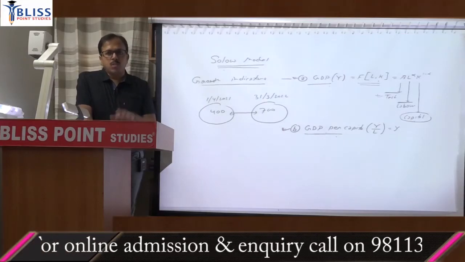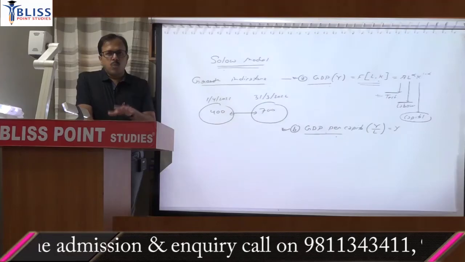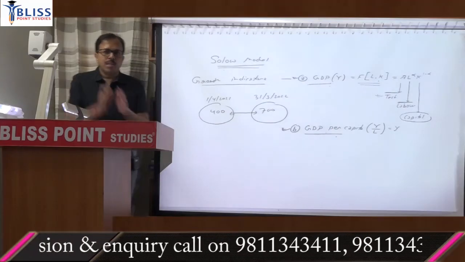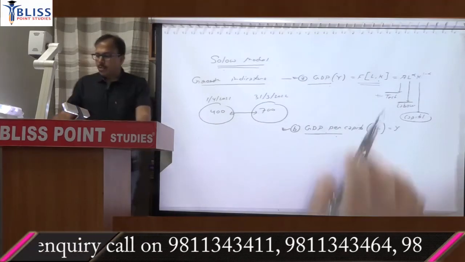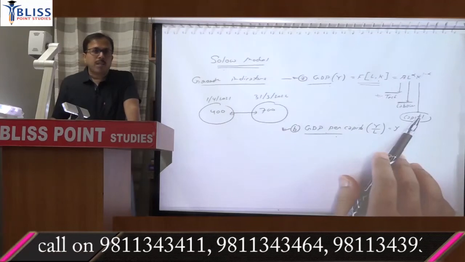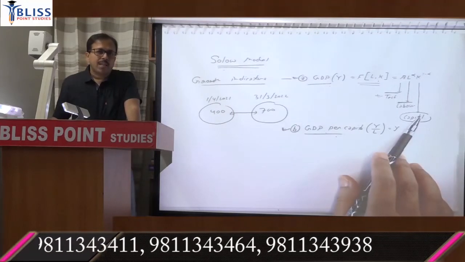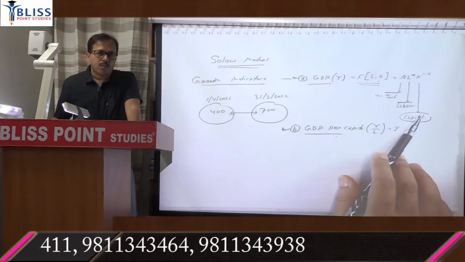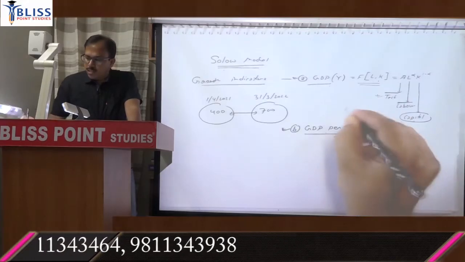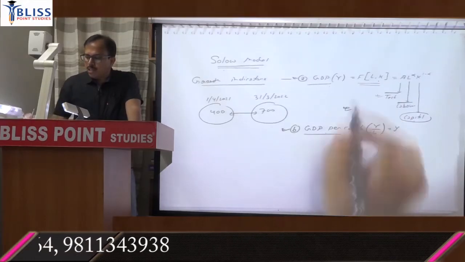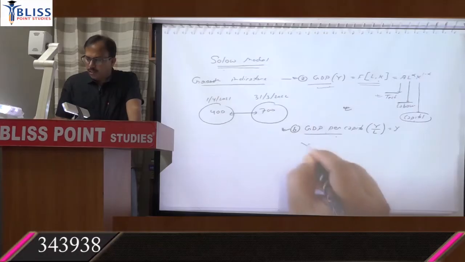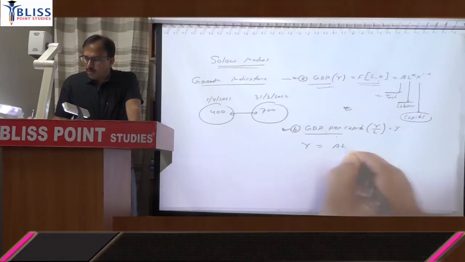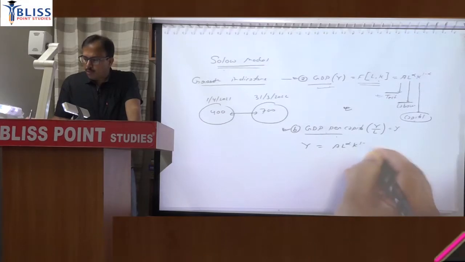Clear? So, this was just the idea that the Solow model is trying to explain. The Solow model is designed to explain how technology, labor force and capital interact, and how that interaction is determining the growth part. Clear? So, we can start with this per capita etc. We can convert it like Y is equal to A labor to the power alpha capital to the power 1 minus alpha.